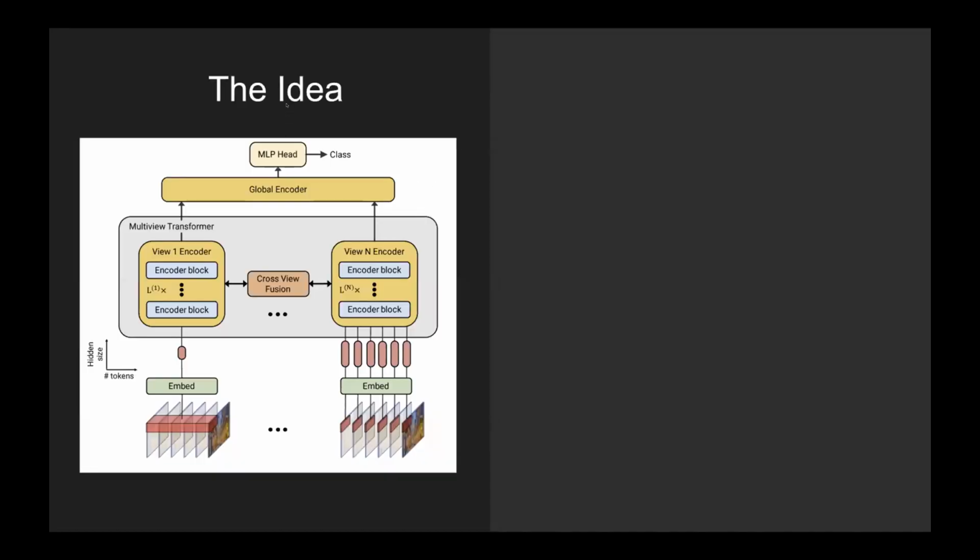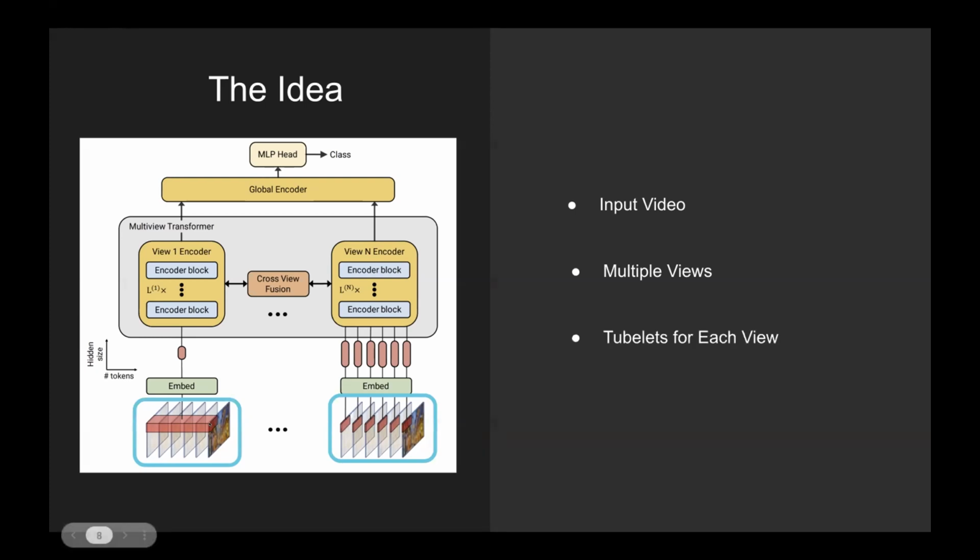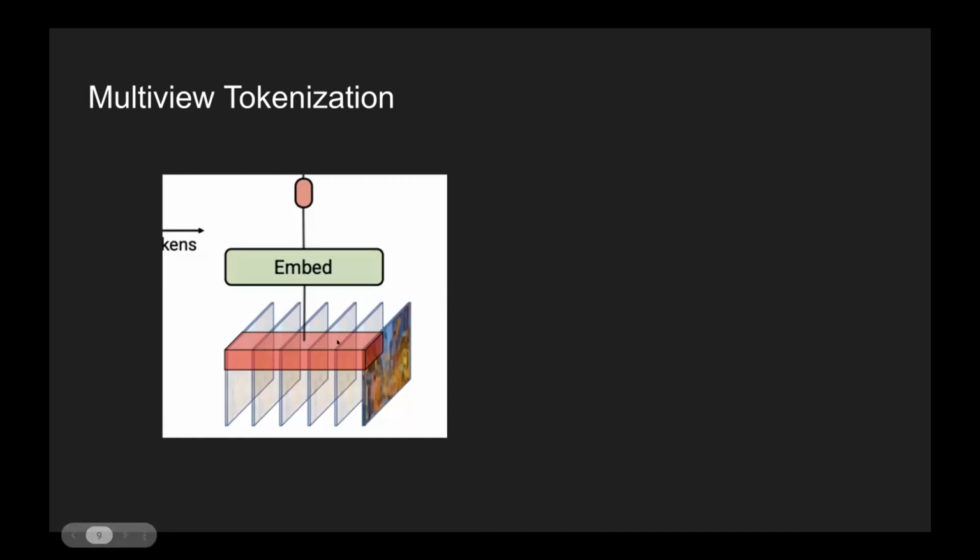If you come to the idea of MVT, there is an input video, and the input video is divided into multiple views. As an example, we have two views of the current video. In each view, we have tubelets, which are highlighted in red. These tubelets are very large.